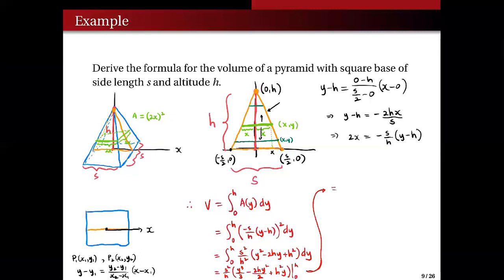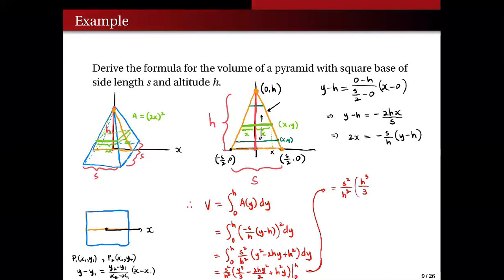And this is equal to, so you have s squared over h squared there. The denominator, by the way, is h squared. And then at h, you will have h cubed over 3.